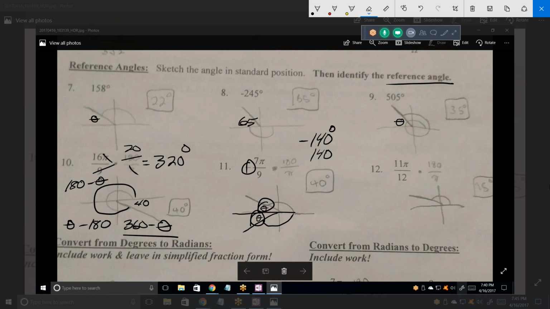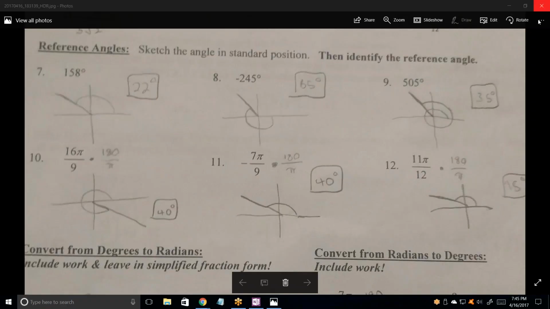Okay. This one looks pretty good. This 12 goes into that 180 15 times. Good thing to remember. 11 times 15 is 165, making the reference angle 15 degrees. Okay. Is that everything on this?